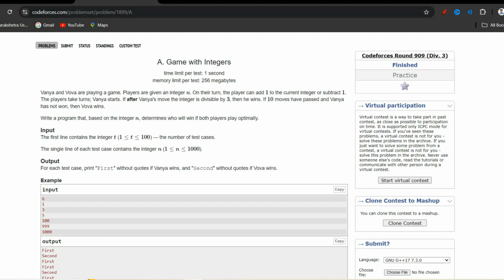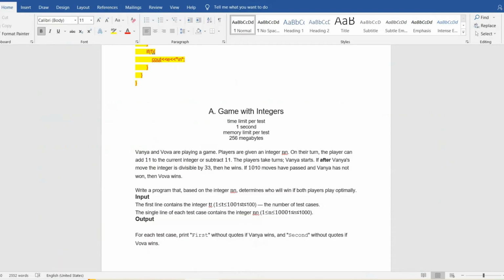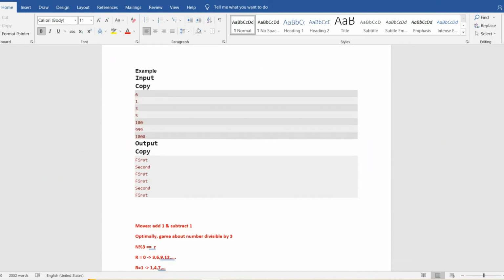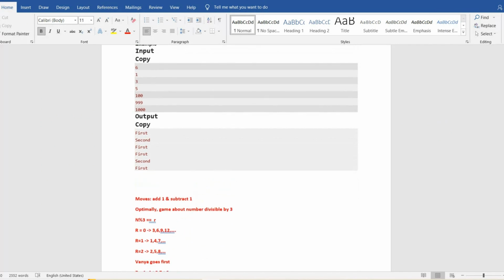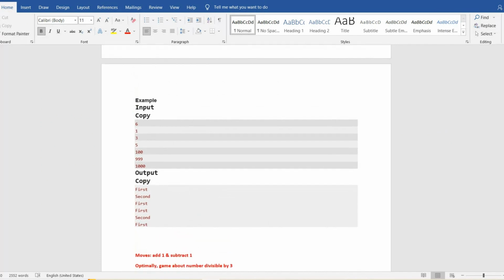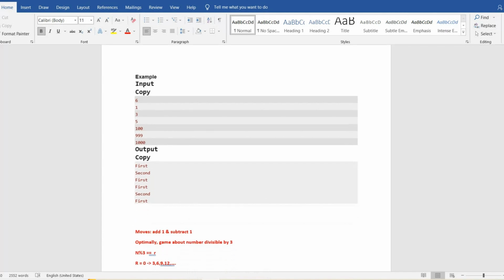Vanya's winning is when Vanya has an integer which is divisible by 3. अब now when is it possible? After his first move. तो basically for his first move, what are the possible chances? तो if we consider what are the moves? We have only add 1 or subtract 1.